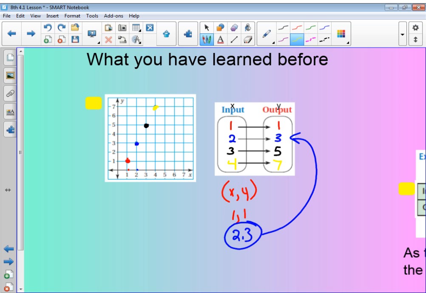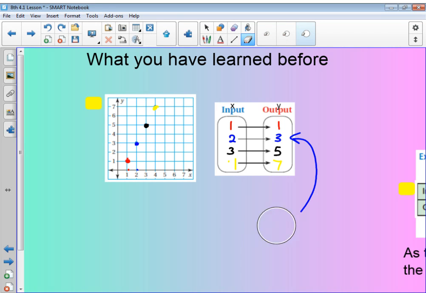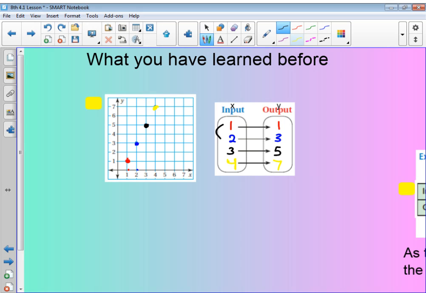Now we're also going to describe the pattern of the inputs and the outputs, because it'll ask us to fill that in. What's happening in our inputs? As the input went up by 1, what's happening to our output?